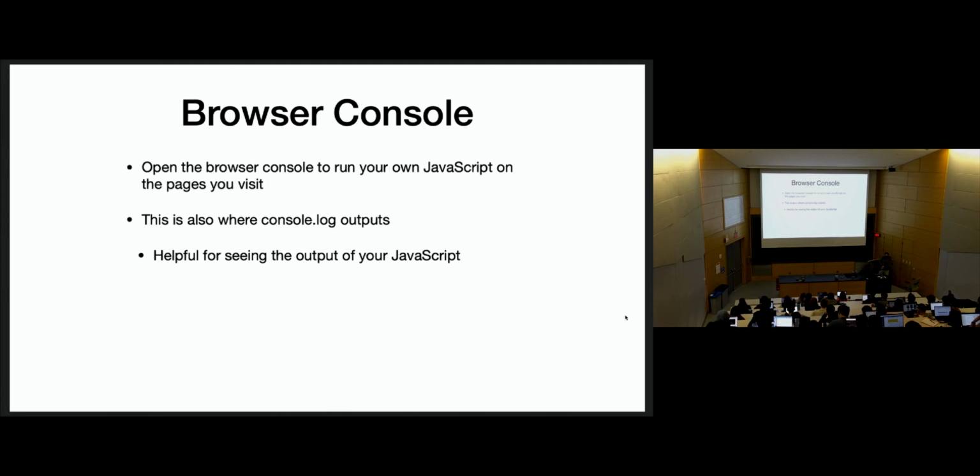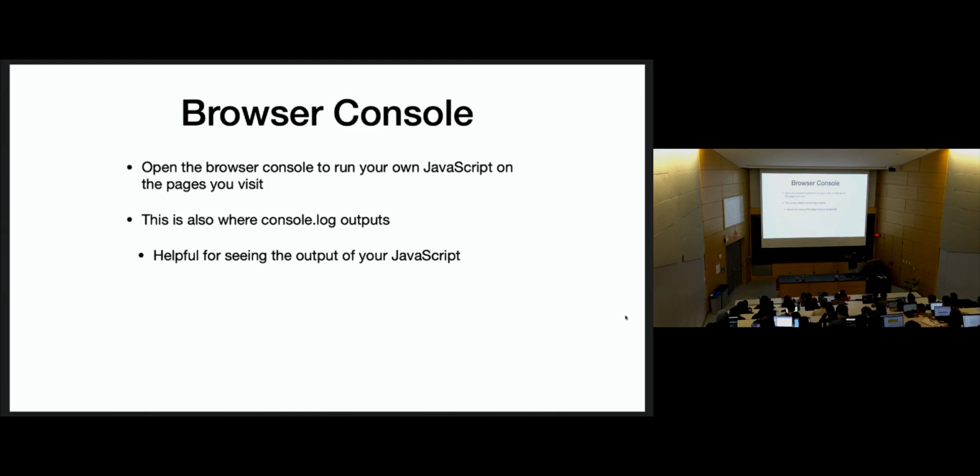But there's also the console. I never know what to call this because I call the whole thing the browser console, but there's also a console tab, which is where whenever you use console.log in your JavaScript, that's where those logs are going to go. This is where you're going to see any JavaScript error messages. And this is where you can type your own JavaScript.